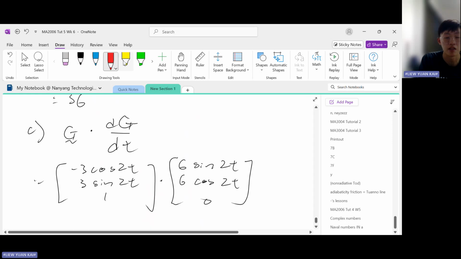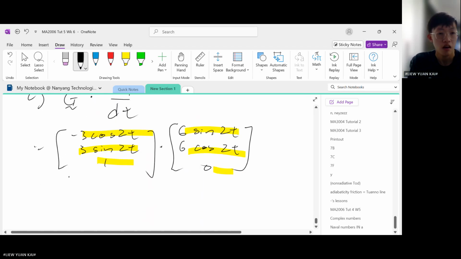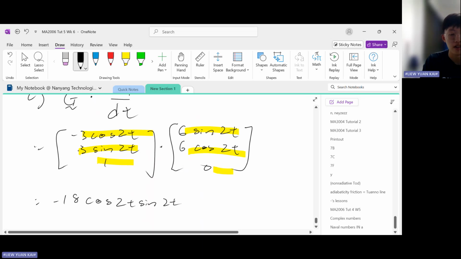So dot product means multiply the corresponding entries, add them all together. This times this, plus this times this, plus this times this. Okay. So if you multiply these two together, minus 3 times 6 is minus 18 cos 2t sine 2t. And then 3 times 6 is plus 18 sine 2t cos 2t. And then 1 times 0 is 0, so I'm not going to write that.